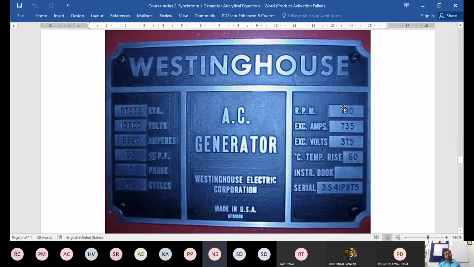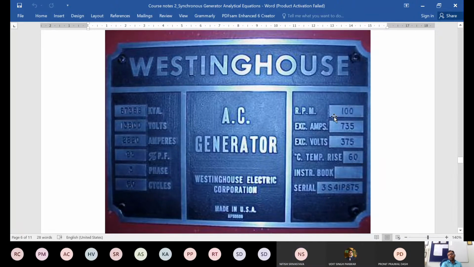Is that correct? So you have frequency equal to synchronous speed in RPM multiplied by the number of poles divided by 120. So if you transpose, it goes 120 into 60 by 100, that is 72. Okay, yeah, that's correct. So this is a 72 pole machine, a pretty large number of poles.